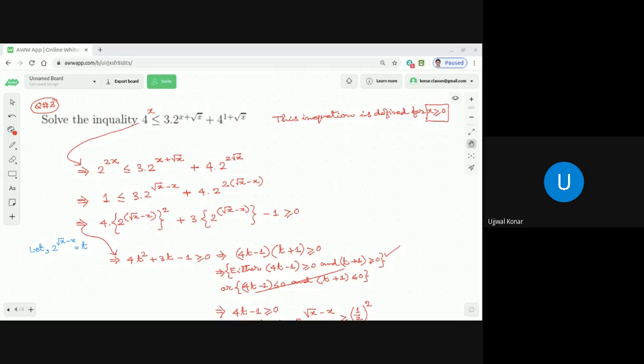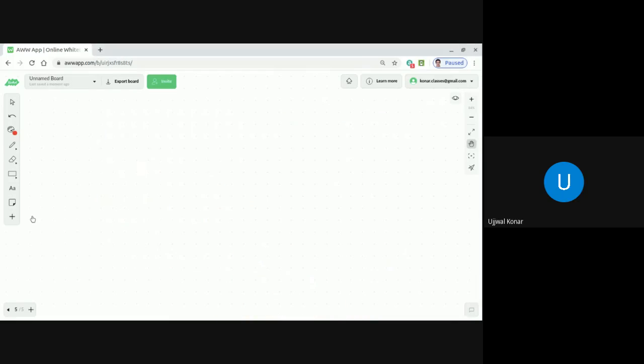Let me put the question here also. So this is the question. I repeat: 2 to the power x plus 2 minus 2 to the power x plus 3 minus 2 to the power x plus 4 is greater than 5 to the power x plus 1 minus 5 to the power x plus 2.